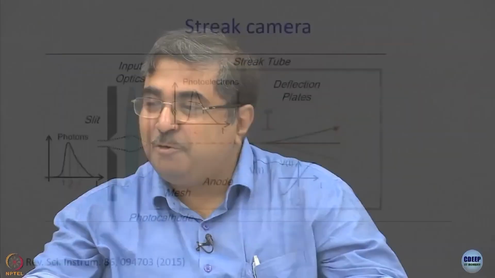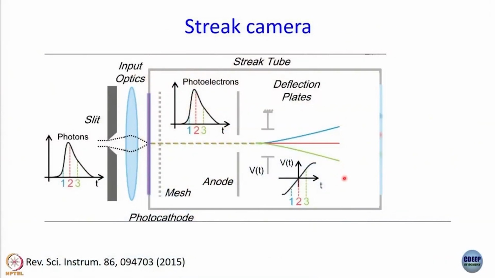right. So, effectively if you go from top to bottom, this direction now denotes time. Of course, this is a continuous object unfortunately, but let us say this is your slit. When this goes in, the initial part, your voltage is such that it goes here.